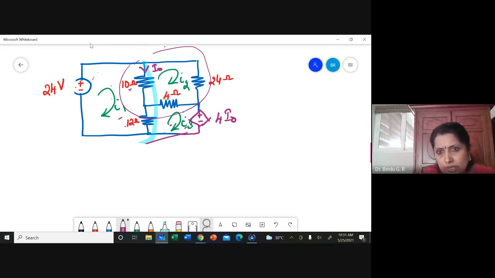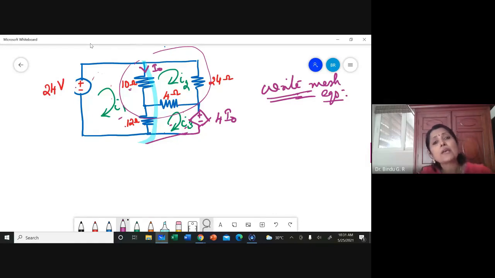This you can write as homework. Write the matrix equations so as to get the feel of it. Only for the third mesh there will be a difference.